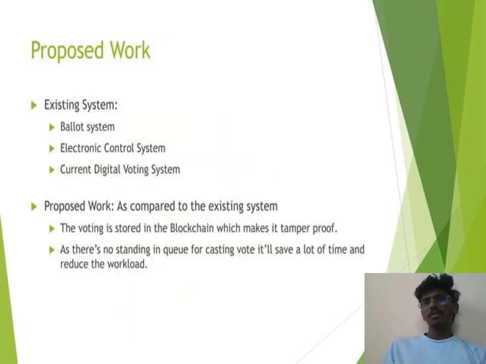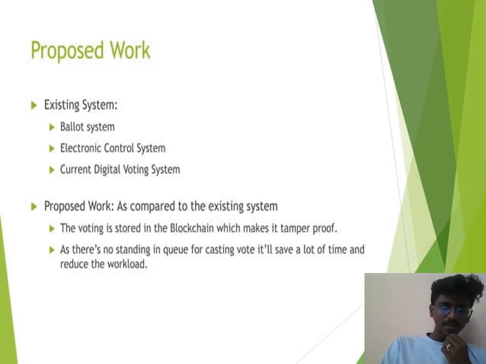Proposed work. As we can see in the existing system, we have ballot-type systems where we used papers in the ballots, which is a very old technique for voting systems. Electronic control systems are also an older technique, followed by the current digital voting system.